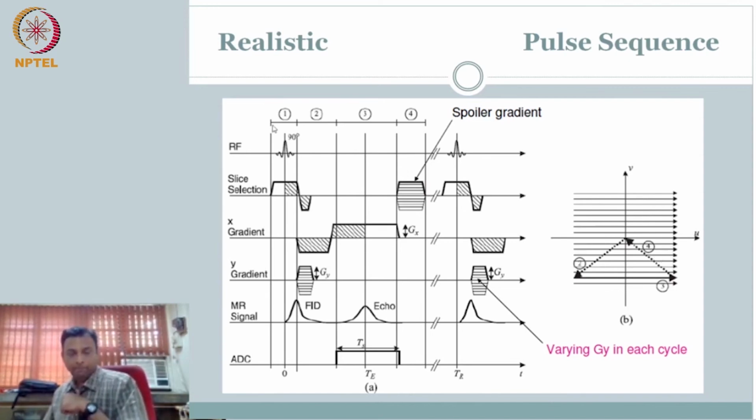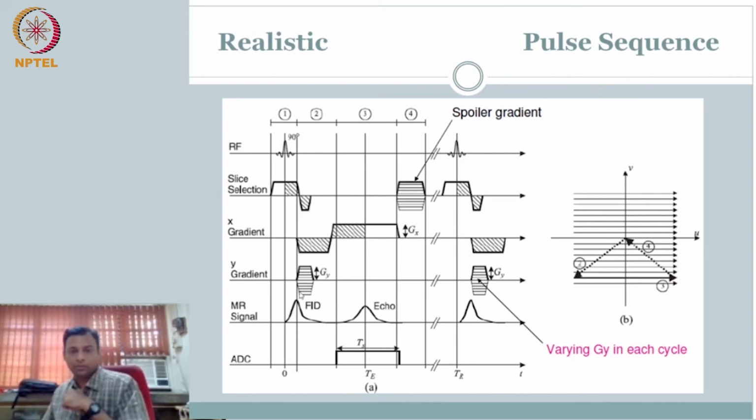So for example here, one is Z selection. Two is I am applying the Y gradient, so I am moving in the Y direction. And then three, I am applying the X direction also, right? In three, I am doing the readout X gradient. So one is the z gradient, and in two I have moved in gy.